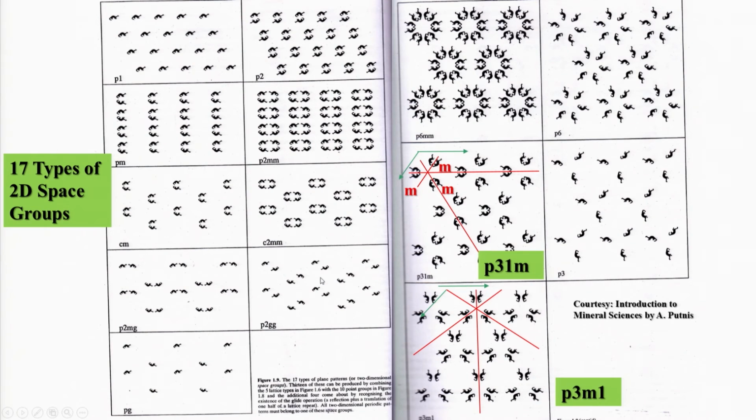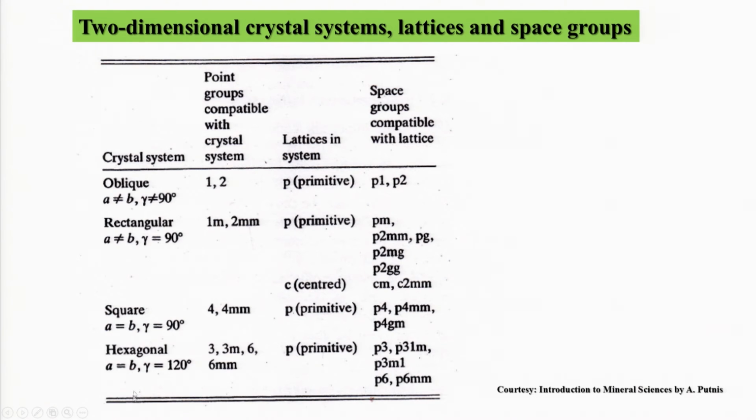Again it is translated along this direction, or after reflection along the glide plane, this pattern produces this here, and in the same way this can be translated along this half unit, and after reflection it generates this pattern here. So, there are two glide planes at orthogonal orientation here, and in this case you have the situation of P g. So, P g lies in the rectangular plane lattice.